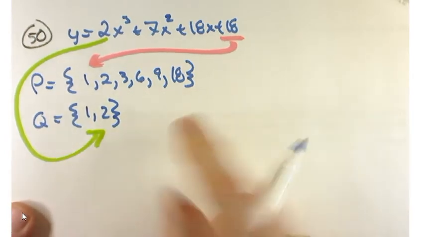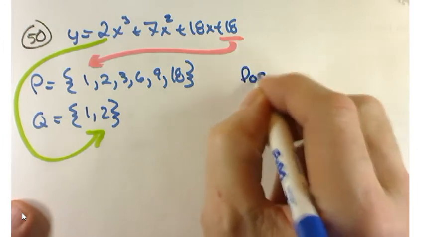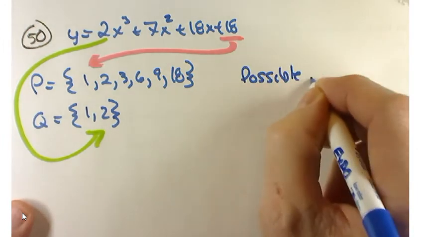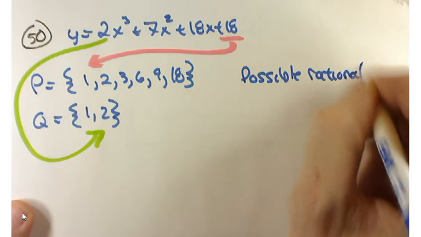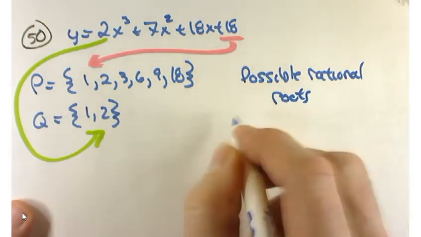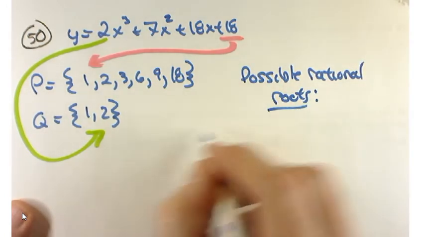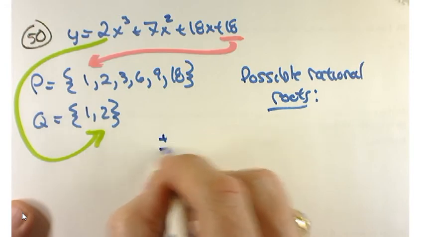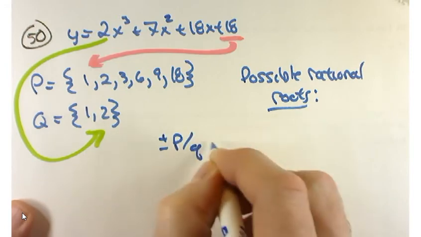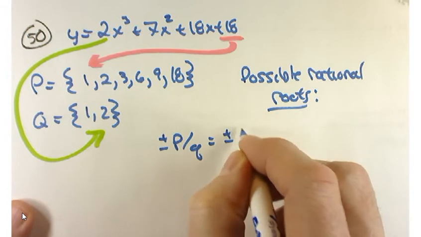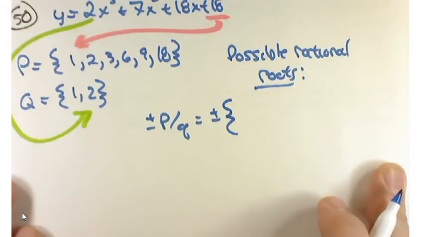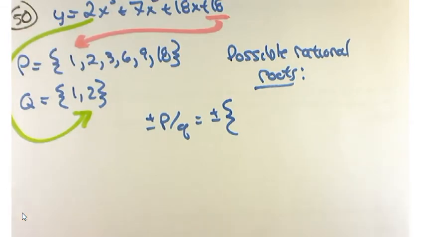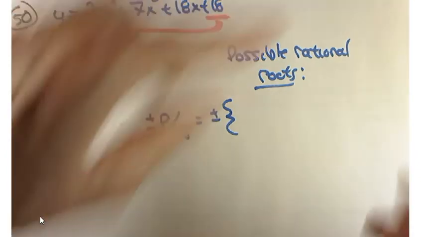Now overall, my possible rational roots have to have the form plus or minus P over Q. And if you forget the plus or minus, you're kind of putting me in a tough spot, because you need both of them.